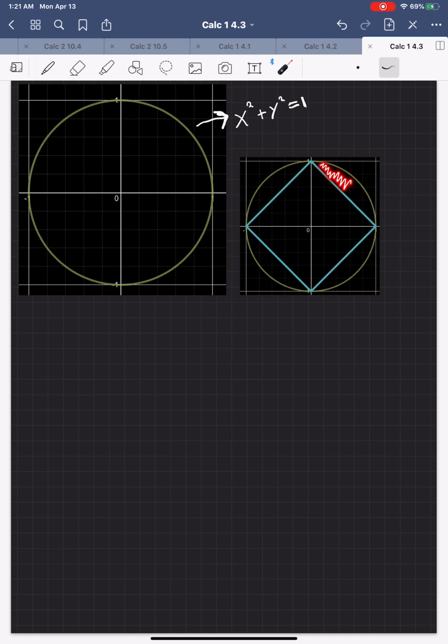All of this is error. You would have missed all of this area. But we do know that the area of this circle is going to be larger than this rectangle, right? In other words, you have found a lower bound.